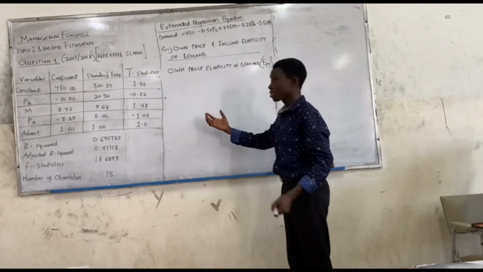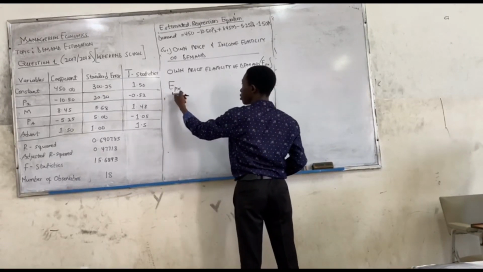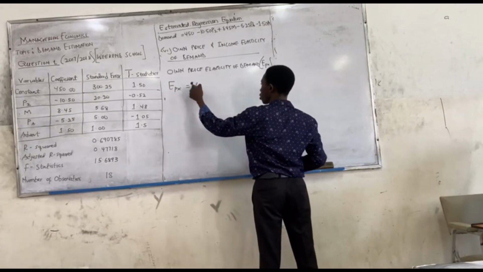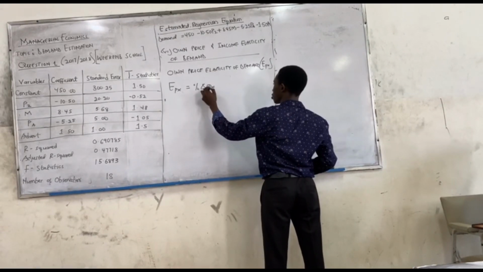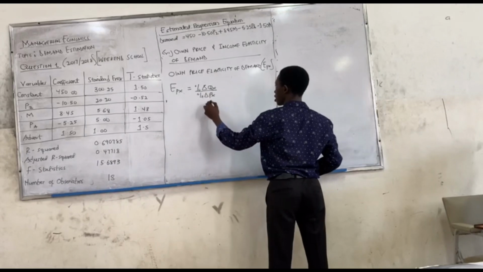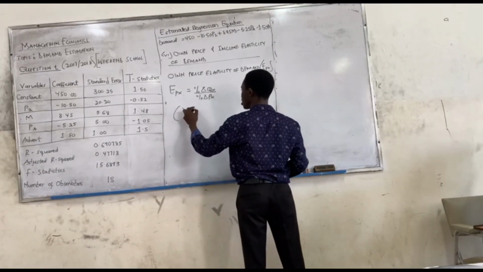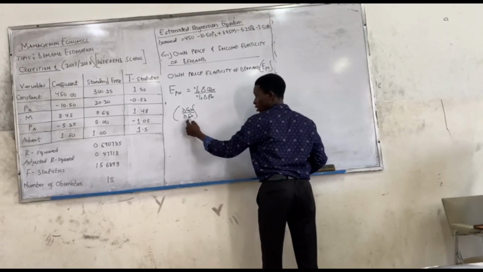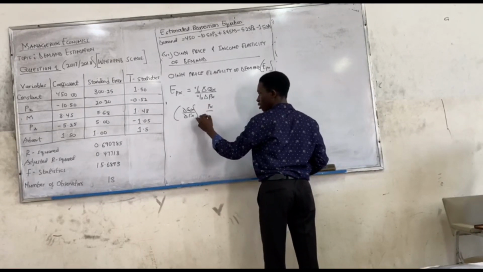That's how we denote own price elasticity of demand: E_PX is equal to proportionate change in QX over proportionate change in PX. So we differentiate QX with respect to PX, and the PX moves upward and QX comes down.